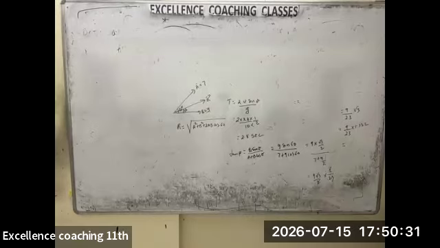Cross mark question number 20. This type of question you will not get. Go to 20. 21 also you cross mark.